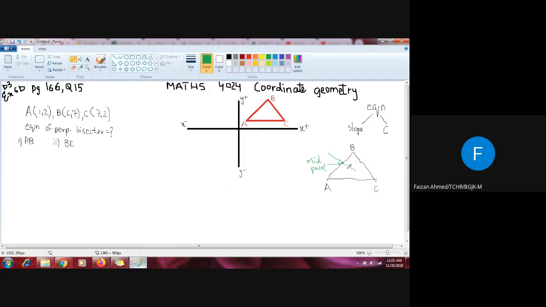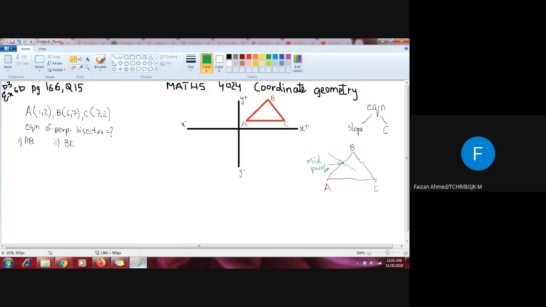So if I can find the slope of line AB, which I can find because I have the coordinates of A and B, then when I get the slope of line AB, I can calculate the slope of this perpendicular bisector because I know the relationship between two perpendicular lines. So this is basically the concept of perpendicular bisector: the line will pass through the midpoint, and this line and the side will be perpendicular to each other.